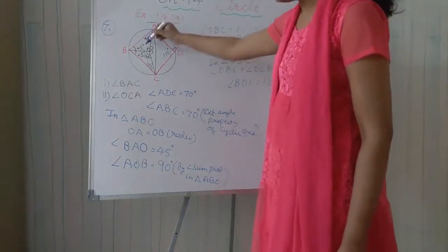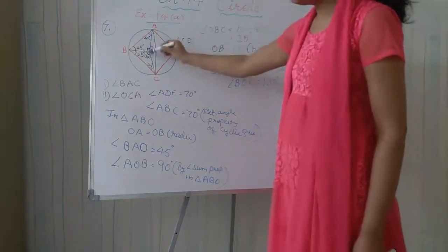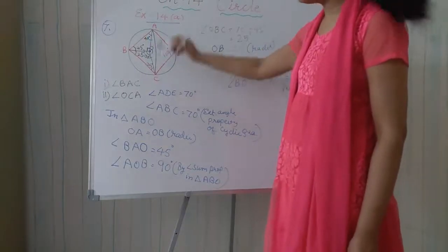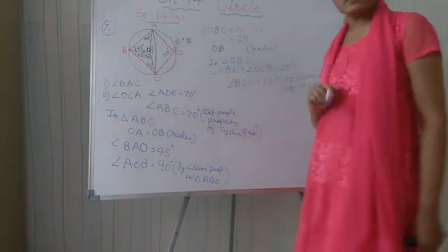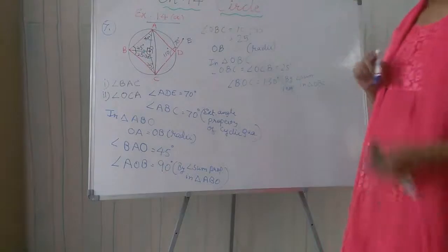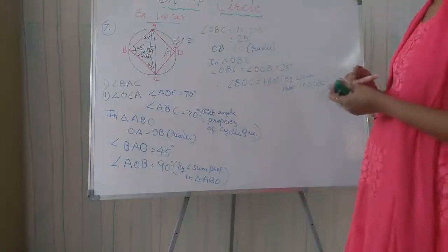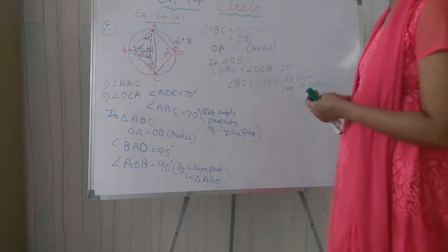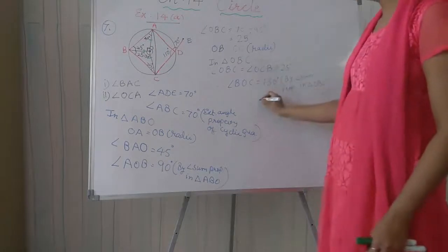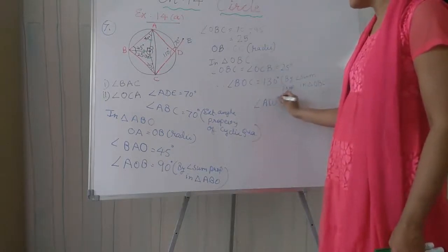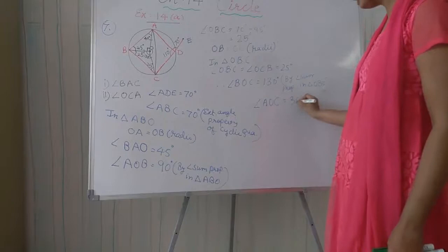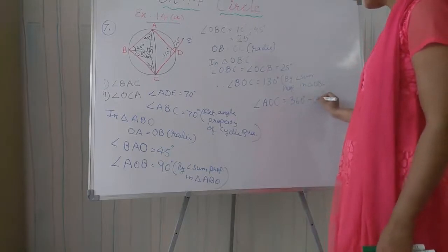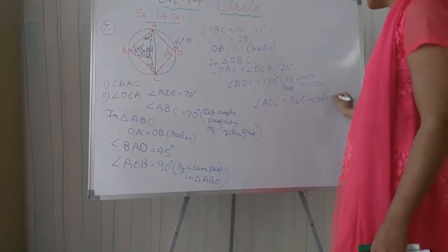Now we get this is 90, this is 130. So this is angle round the point, so that I get angle AOC also, students, by taking the angle round the point property here. So I am writing angle AOC is equal to 360 degrees minus (90 plus 130) degrees.